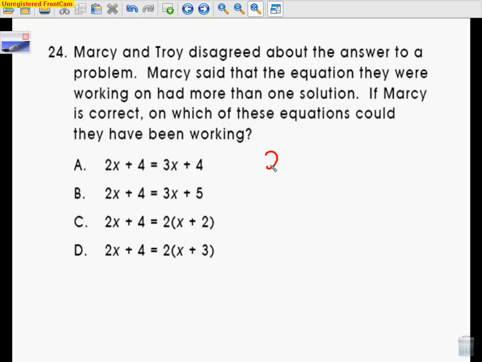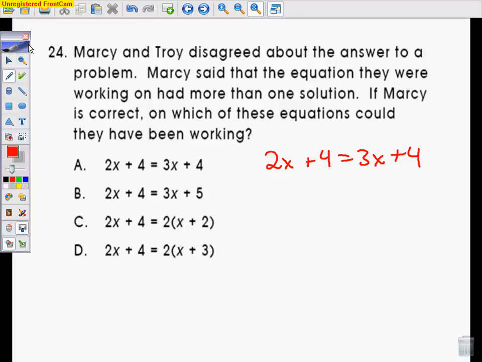If you solved A, 2x plus 4 equals 3x plus 4. All right, whenever you're solving an equation, you want to get the variable isolated. You want to get it by itself. Now, this equation that we're dealing with here, the variables aren't on the same side, so it's hard to get them isolated right off the bat.